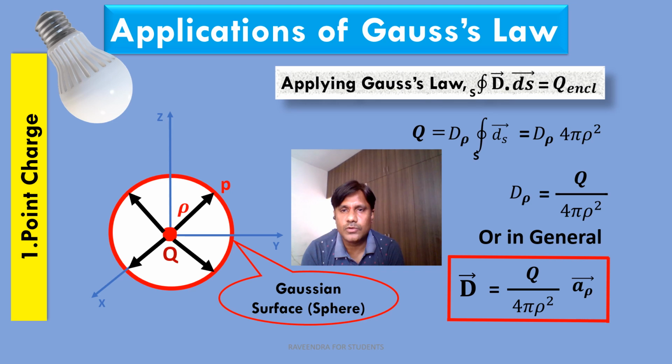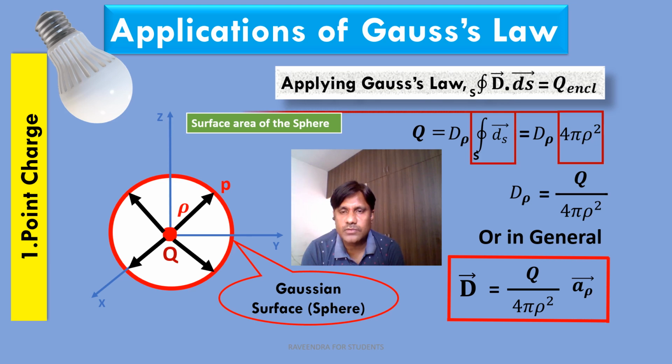Whereas in Coulomb's law, we evaluated this closed integral over S by taking phi from the limits 0 to 2 pi and rho from 0 to infinity. We evaluated the integral. That complexity was totally avoided, totally eliminated here. Just by knowing the surface area of the Gaussian surface we got it. The closed integral over S dS bar is nothing but the surface area, that is 4 pi r square of the sphere.